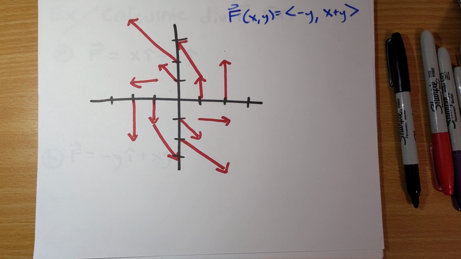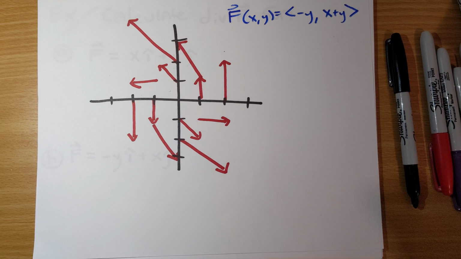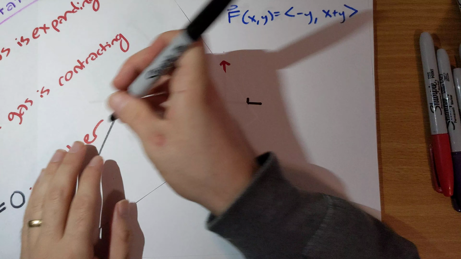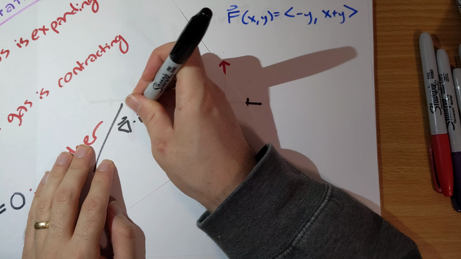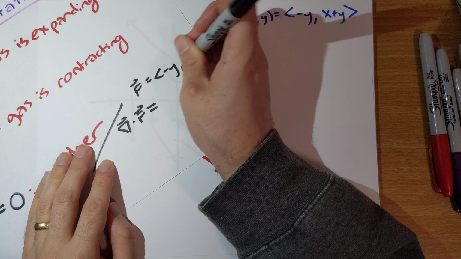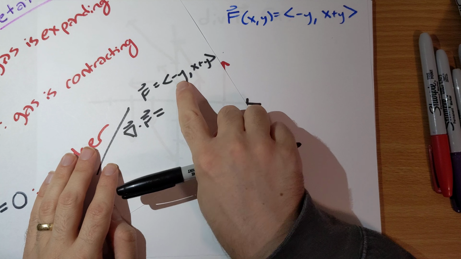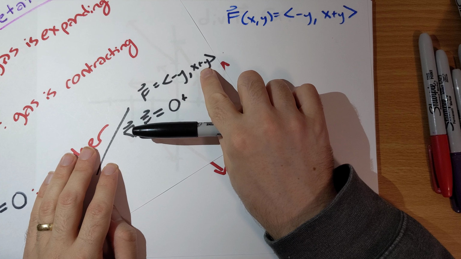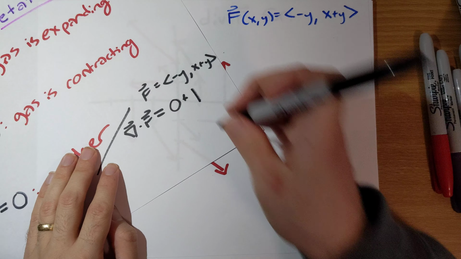Take a look at this picture. This should look familiar. It's the picture that I drew at the start of section 16.2 for this vector field right here. Let's calculate the divergence of this f, where f is negative y, x plus y. It's the x partial derivative of this, which is 0, plus the y partial derivative of this, which is 1.